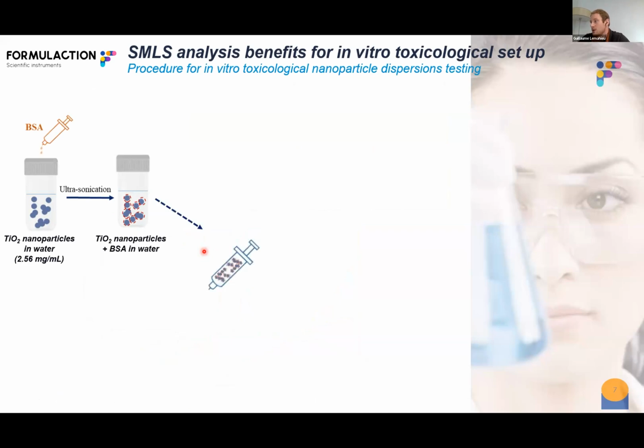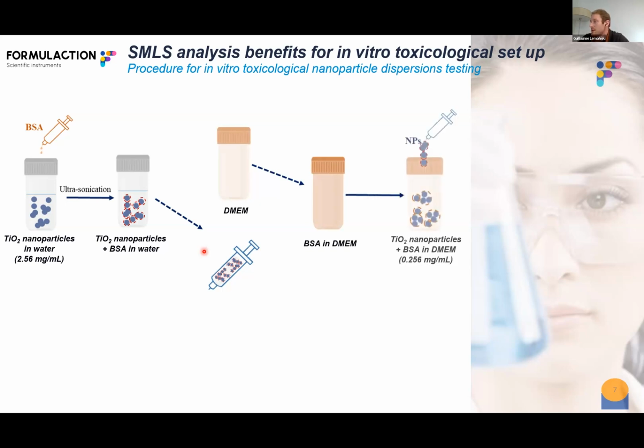After that, we collect these samples and put them into a cell culture medium, such as DMEM, supplemented with some BSA, in order to have the particles well dispersed in this sample just before collecting the samples and testing them in the biological medium to see the toxicological effects.